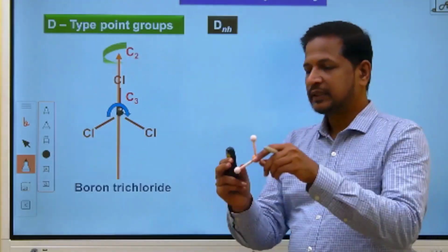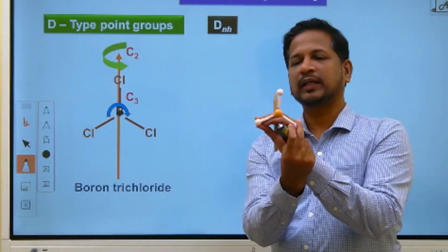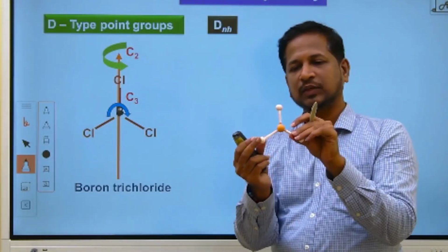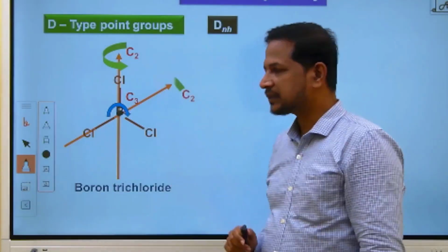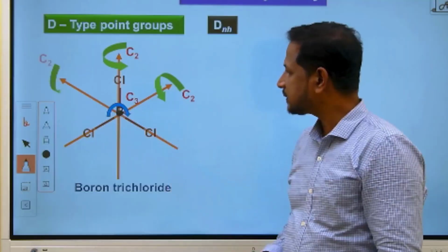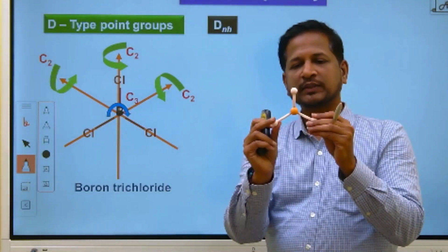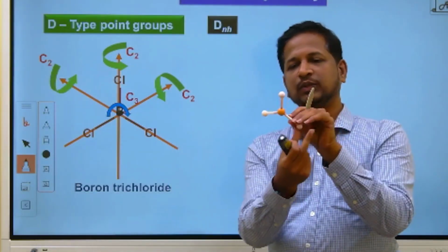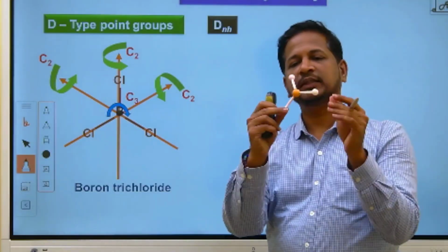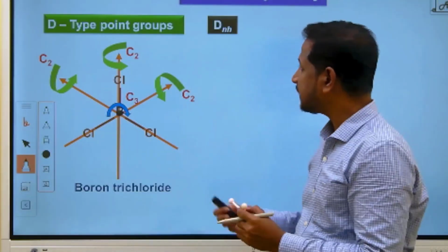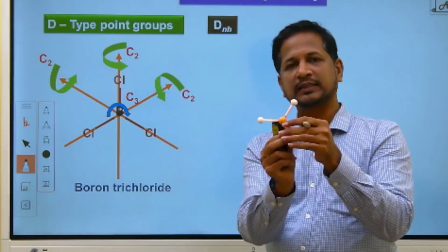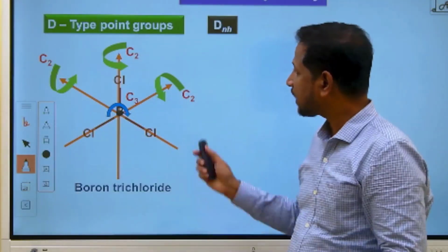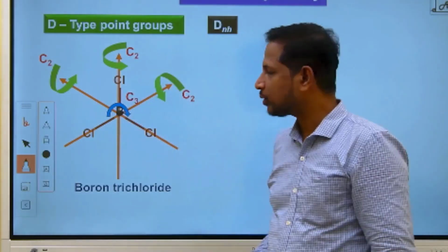Then there is a C2 rotational axis through which you can rotate like this to get an indistinguishable image. So this is the first C2 axis, this is the second C2 axis, and this is the third C2 axis. So there are three C2 axes perpendicular to the C3 principal rotational axis.